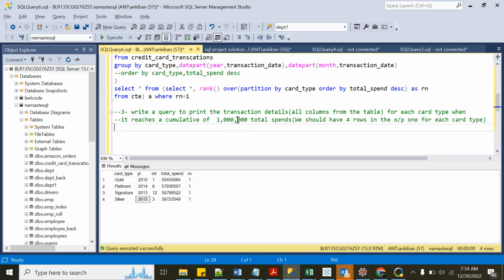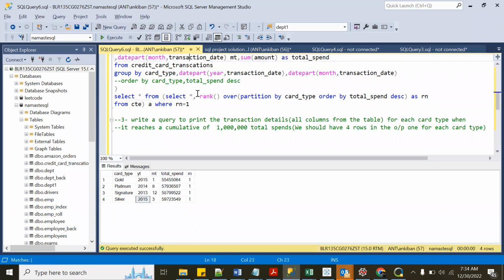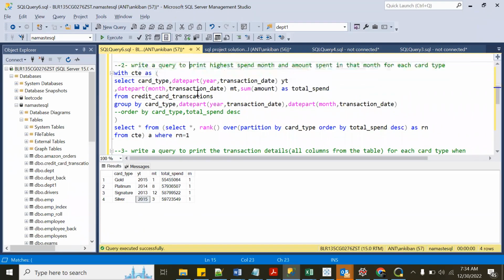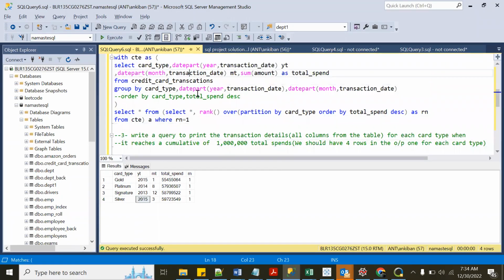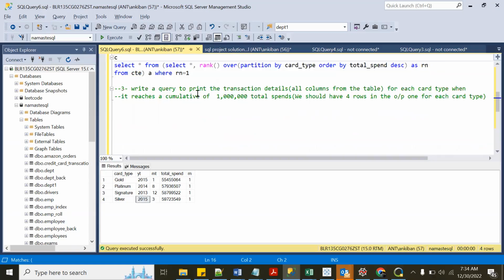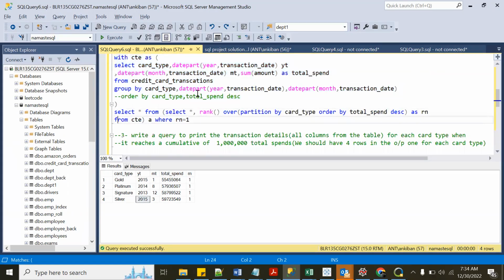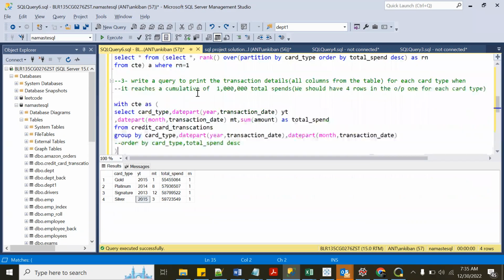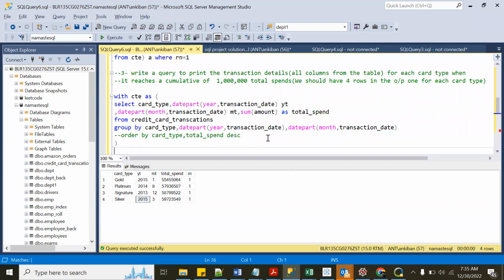Okay, so the question is again for each card type, we have to find when it is reaching the 1 million of spent, right? So let me copy this CT itself. Okay, so now we know that we need the cumulative sum. So what we are going to do, I'll just remove all this and say star.